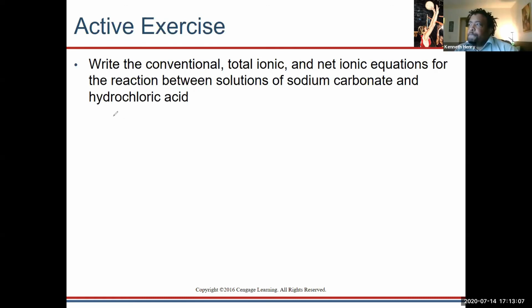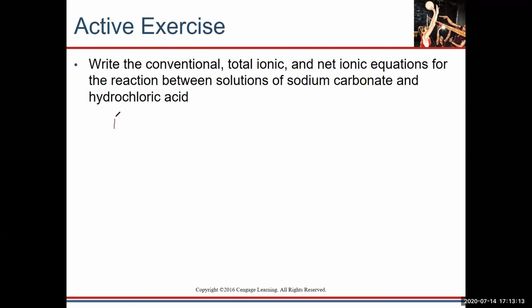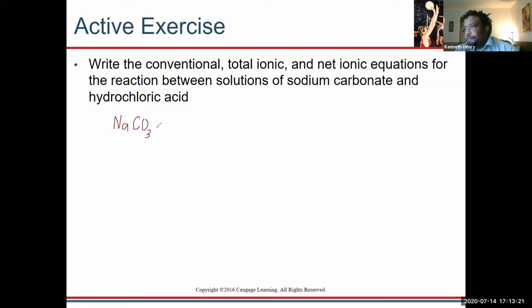So what are we going to get? What does sodium carbonate look like? NaCO3. Am I missing anything? Na2. There we go.